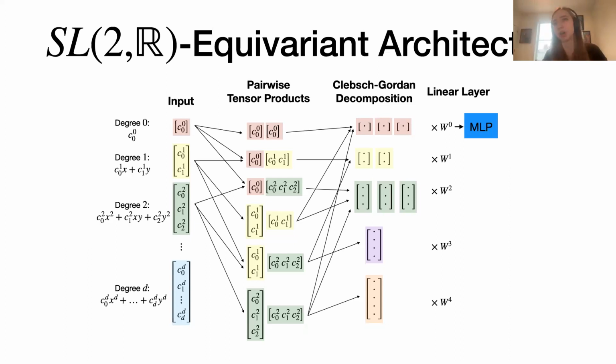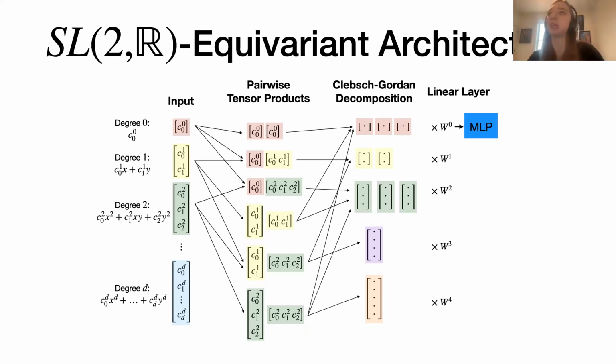So these first two columns are describing the overall nonlinear operation from irreps to irreps. And then we also use Schur's lemma, basically just throw in some learnable linear matrices. And we also, again, get activations, which are still irreps. And everything so far here has been equivariant to SL2R. So if you apply a change of variables to the input polynomials at every single layer of this network, the intermediate polynomials will also have that change of variable applied to them.